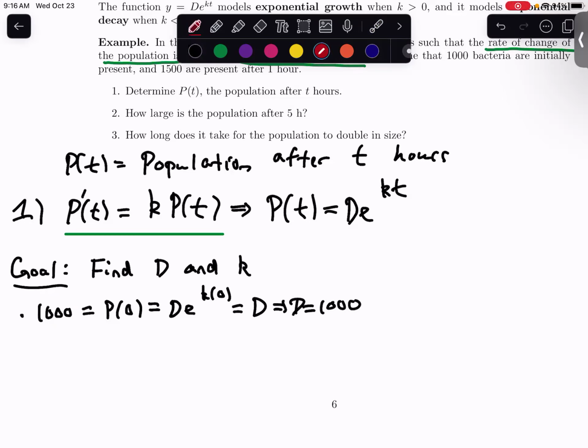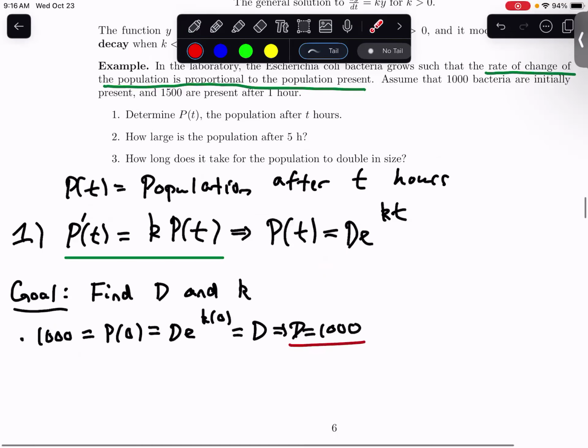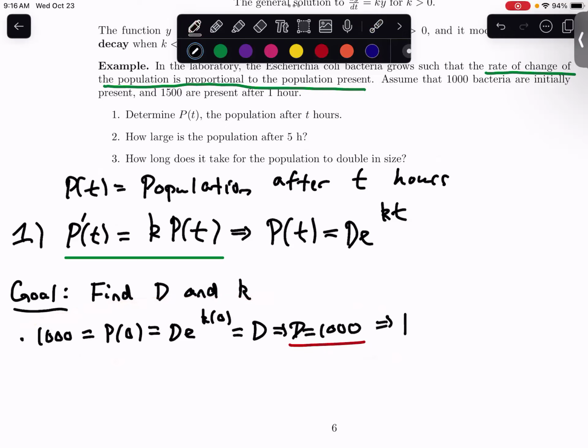So this is how you determine what d is equal to. And in general, if it just tells you the initial population is 1,000, you can just write in d is equal to 1,000 right off the bat. It always works out this way. And so this is telling us now that we have P of t is equal to 1,000 times e to the kt.